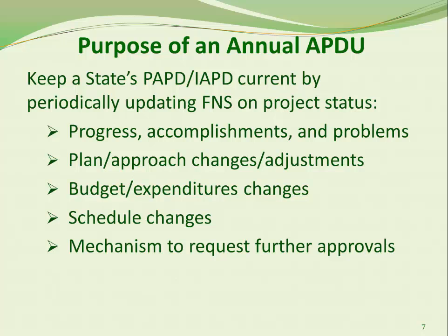If FNS initially granted a limited or conditional approval for the project, the annual APDU may be used to request approval for successive phases of the project. The information provided on the project status through the annual APDU not only updates FNS, but also helps us work with you to address any major issues.